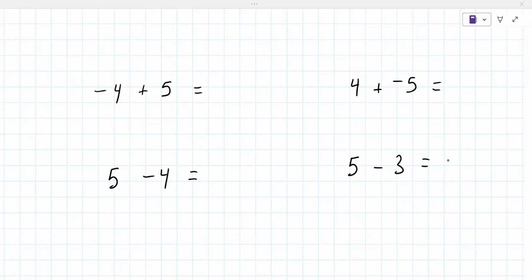And then we got 5 minus 4, then 1 for that one. -4 plus 5. It would be positive. Wouldn't that be 1? And then 4 plus -5, which would also be 1, if I'm correct.